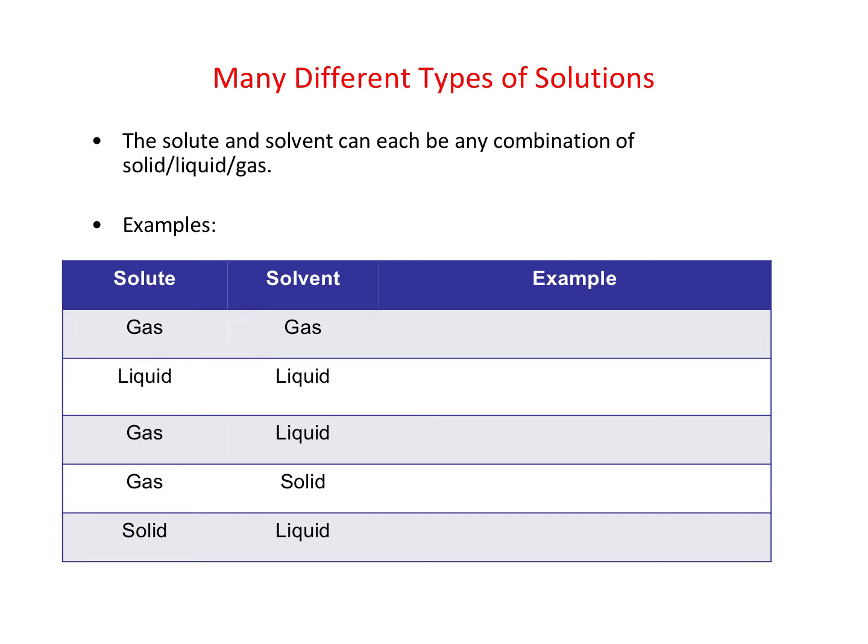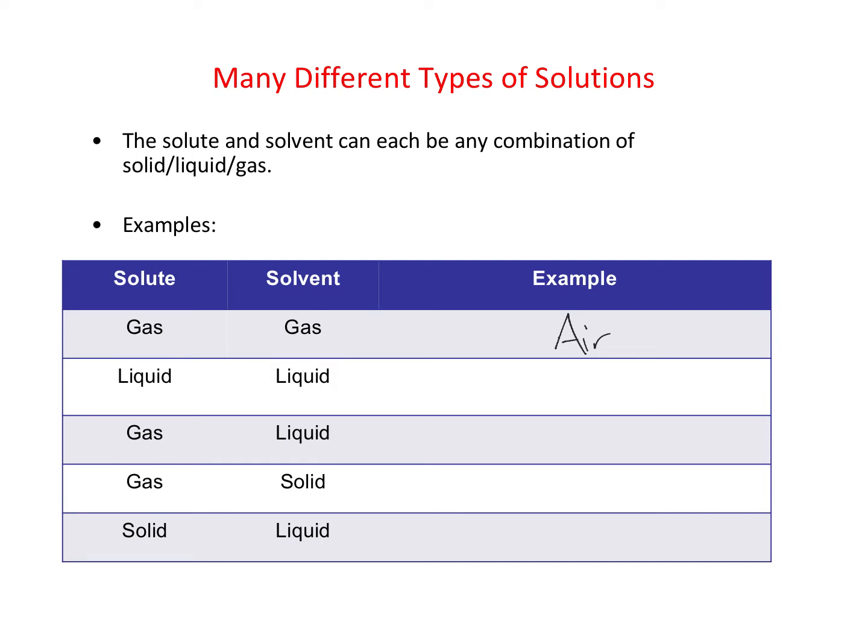And so a solution where both the solute and the solvent are gases, an example of that would be air. Right? So air is roughly 80% nitrogen, 20% oxygen, and then various small percentages of other things. But that is a solution where the solvent is a gas, the nitrogen, and then the oxygen and the other minor components could be thought of as solutes.